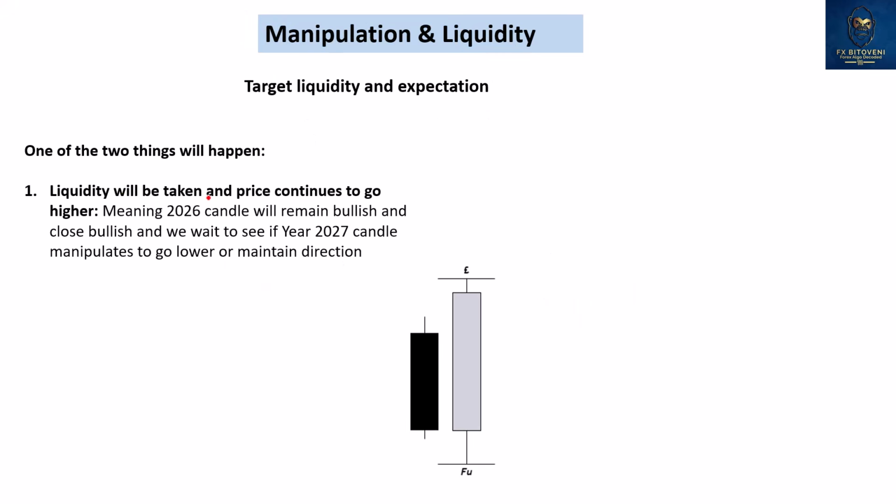So liquidity will be taken and the price continues to go higher, meaning the 2026 candle will remain bullish and close bullish, and we wait to see if the year 2027 candle manipulates to go lower or maintain direction. What do I mean? I simply mean the 2026 year may trade like this, may take this level and continue to go higher.